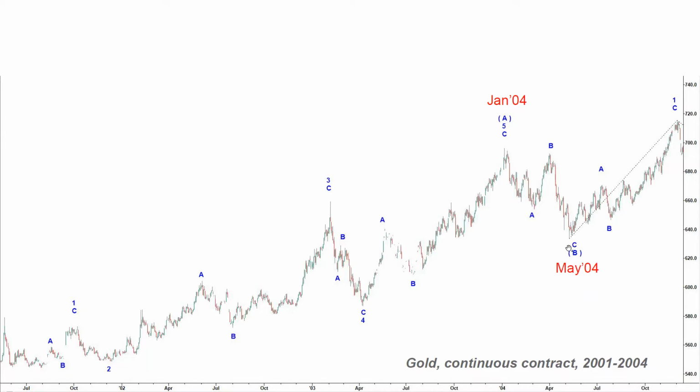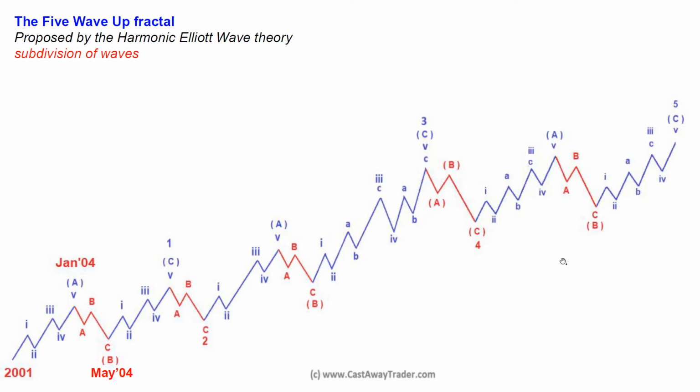Off that low, we need to get another 5 waves up, but those 5 waves up would be a wave parenthesis C up. So we got A up, B down, and C up, and I count them as wave 1 up. This is the first wave out of the 5 waves required for that larger wave parenthesis C up.